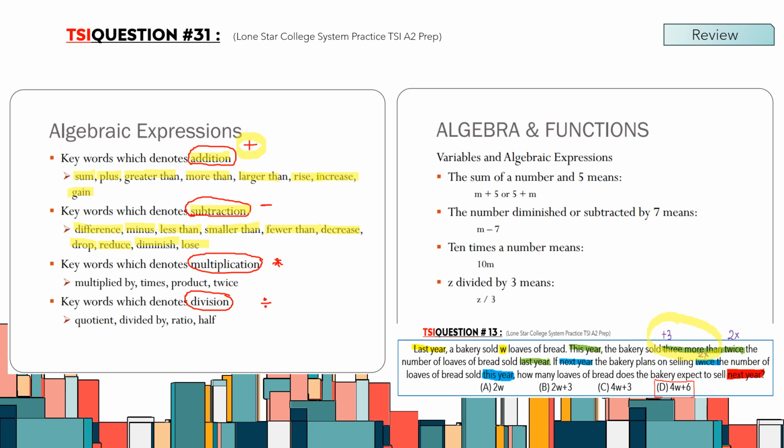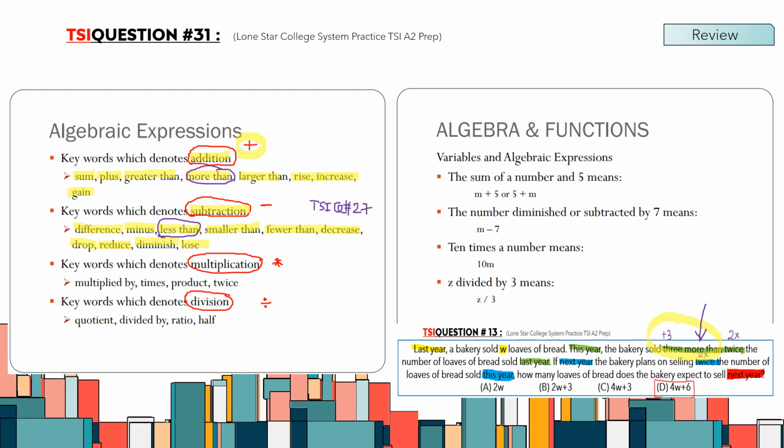So we can watch TSI question number 27 for this example, and in this case they use the words less than. They use the words more than in question number 13.